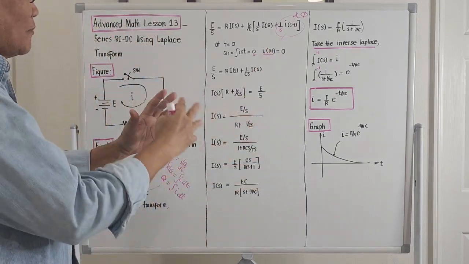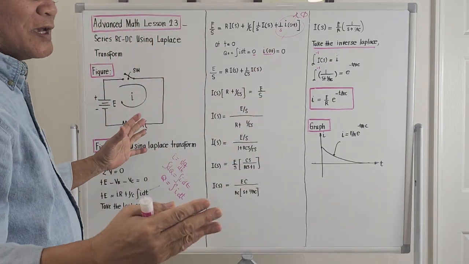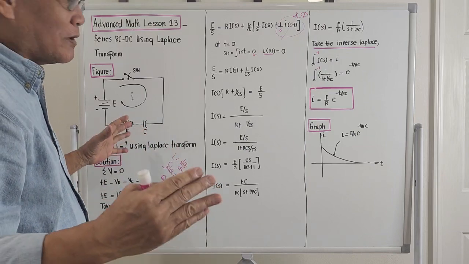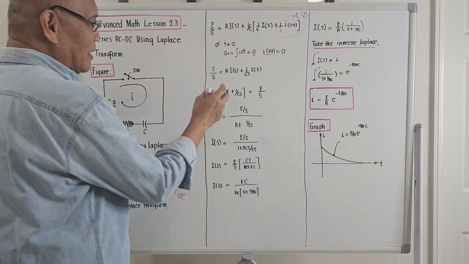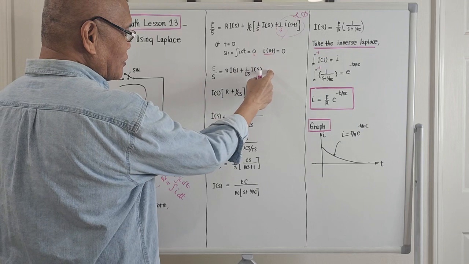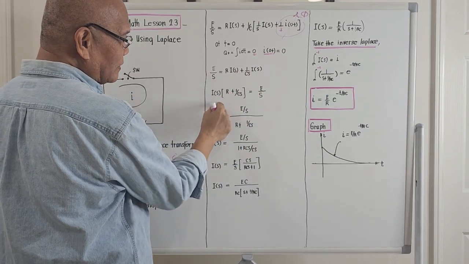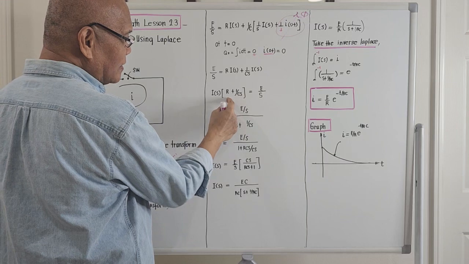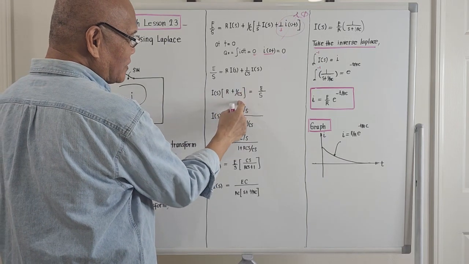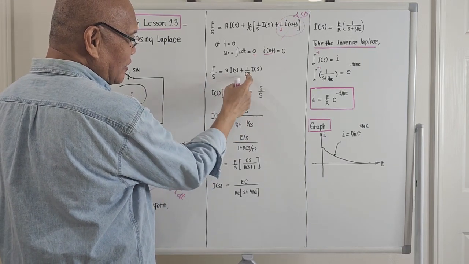And if we try to simplify this one, this now involves the so-called algebraic manipulation. I will factor out I as a function of S, so this should be I as a function of S, open bracket, R plus 1 over CS.